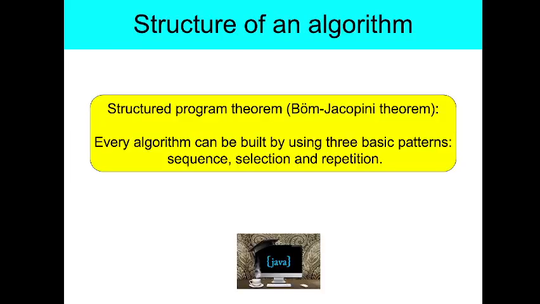This is a key point. We are lucky that this theorem holds. This is the basic theorem in all computer science. No matter how complex an algorithm may be, each algorithm may be coded by using three very simple structures: sequence, selection, and repetition.